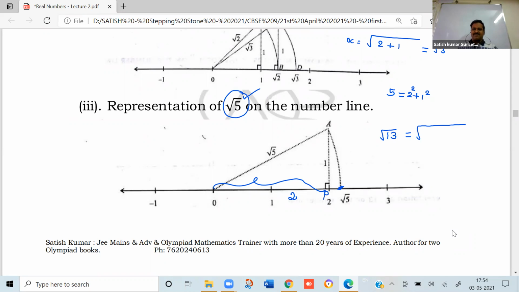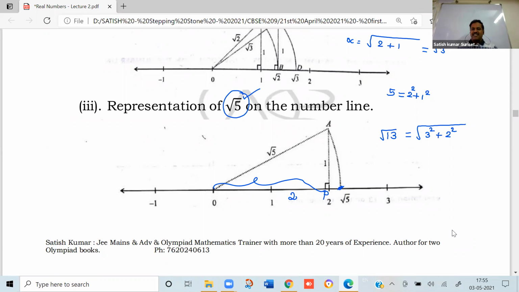At least one of you. 3 square, how much? 9. Plus, how much should I take? 4, which is the same as what? 2 square.